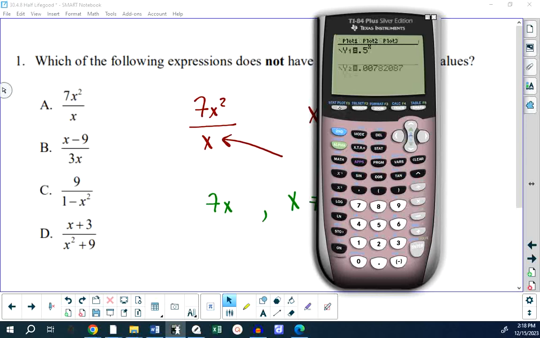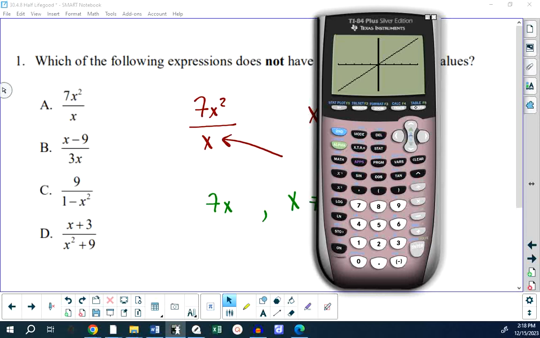So if I were to look at graphing y is equal to 7x squared divided by x, and don't worry about my window settings here. Don't worry about why I'm doing what I'm doing. What I get is a line, okay? And I've adjusted my window settings horizontally and vertically differently, so it's not a line with a slope of 1, okay? Turns out it's a slope of 7.